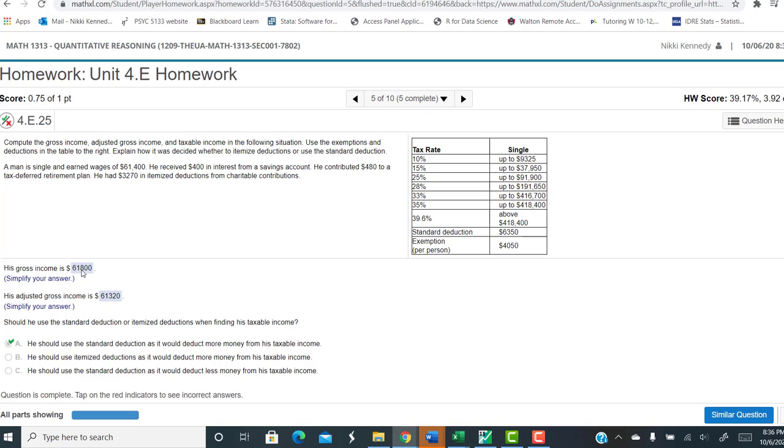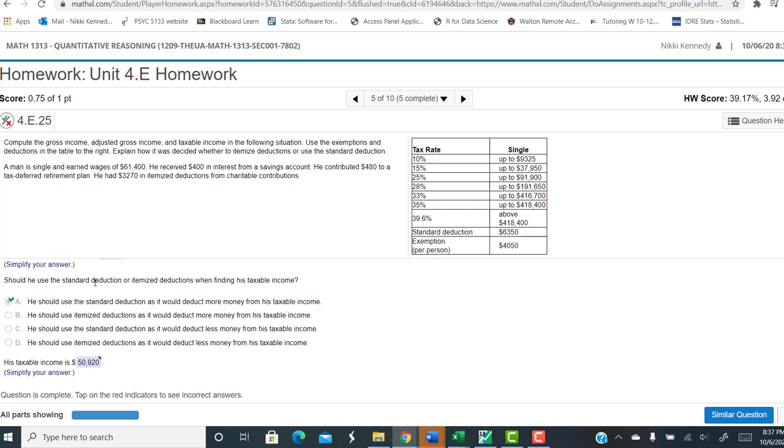So $61,800. The next part that I have here is the adjusted gross income. Now recall from my previous slide, adjusted gross income is the gross income minus any tax deferred retirement savings. So you're going to take what we had before and subtract 480, and that is how I got 61,320.